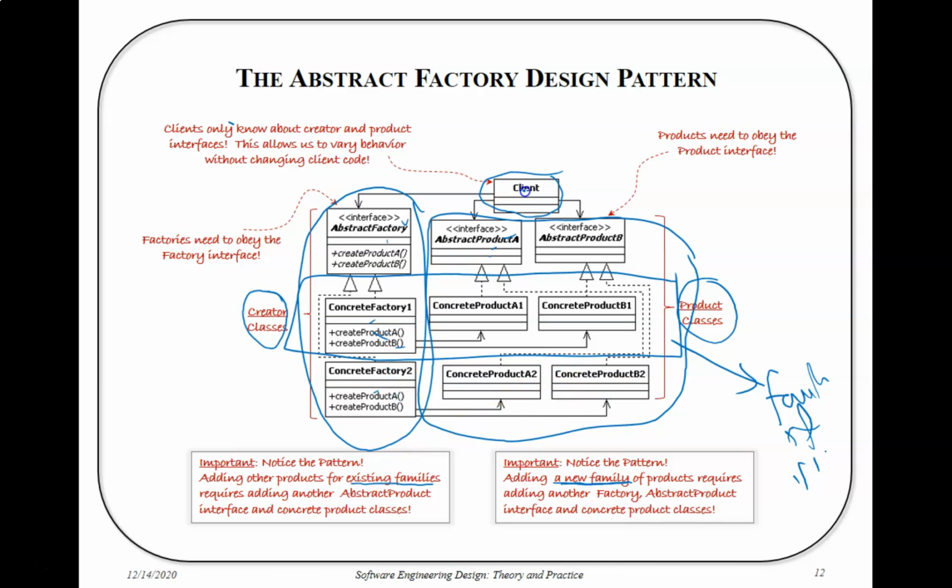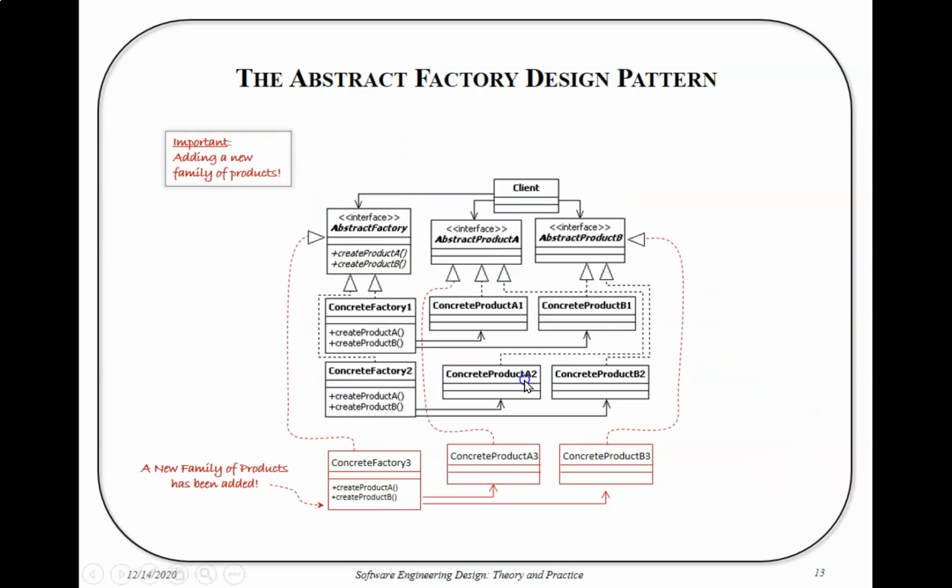But the client gives the same command, so we don't have to change the code in the client class whenever we add an additional concrete class. If you still remember, this complies with the open-closed principle.